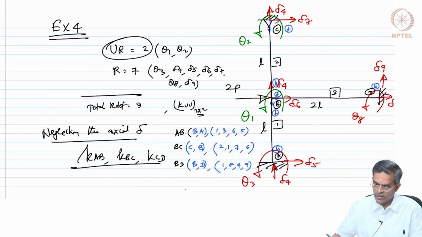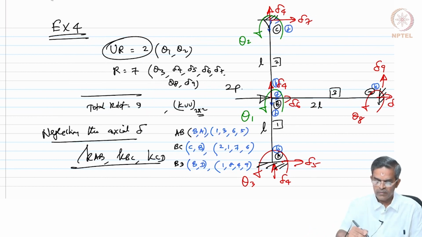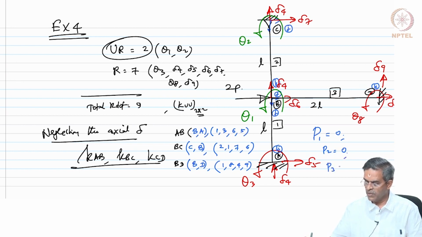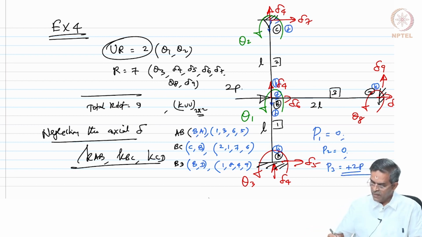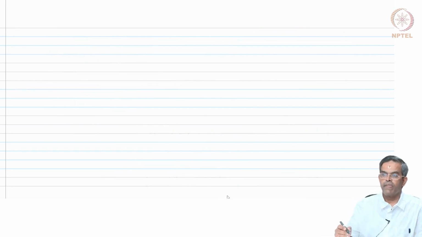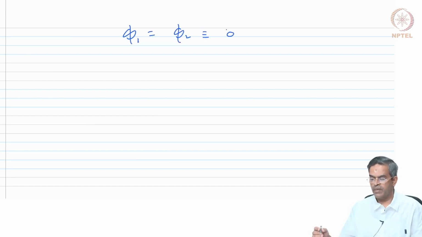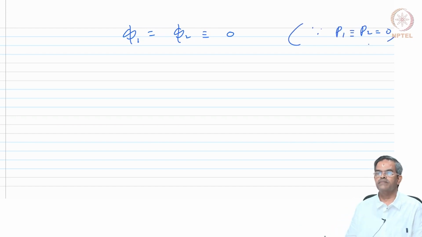Furthermore friends, please see this figure. I should say the axial load on the member 1 is 0, the axial load for the member 2 is also 0, the axial load for member 3 is 2p compressive, am I right? So by this logic, can I say phi 1 and phi 2 will be 0, because P1 and P2 are 0, am I right?